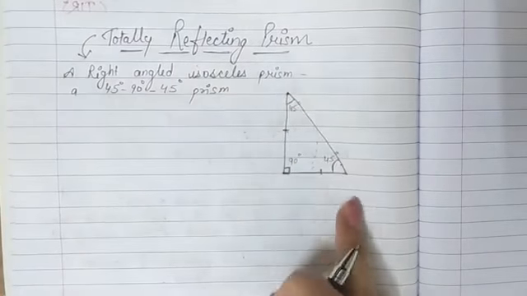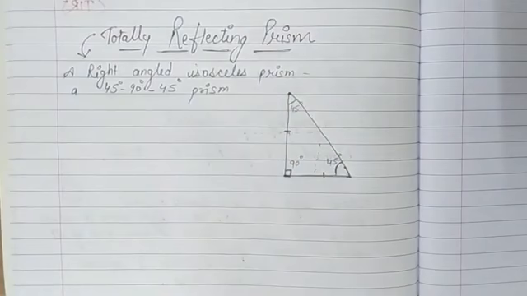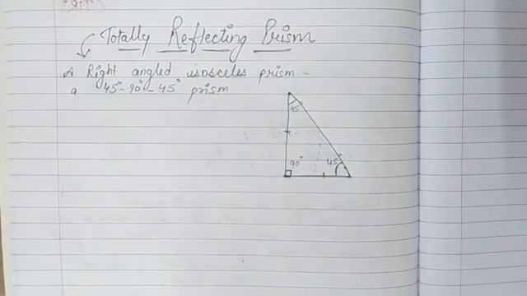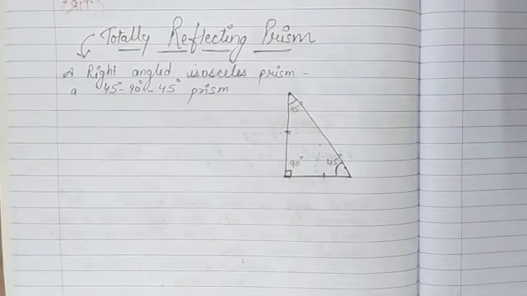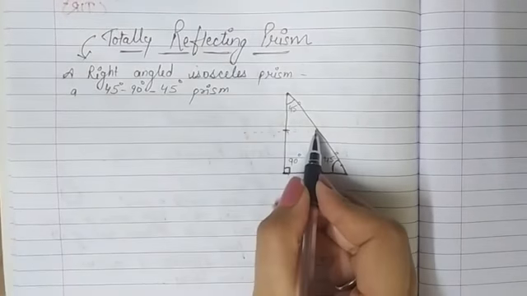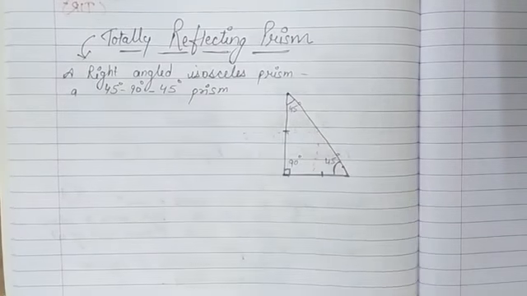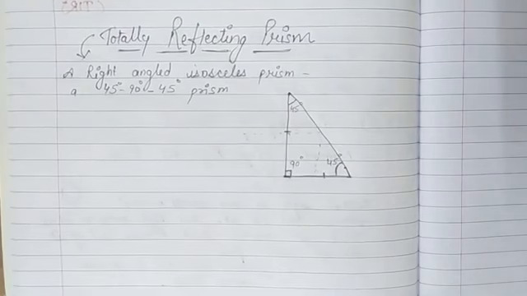On the inside face it will be at 45 degrees, that is at an angle greater than the critical angle for glass, because for glass the critical angle is 42 degrees, and that is the reason the ray incident here at 45 degrees shows total internal reflection, and that's why we call it a totally reflecting prism, because it shows total internal reflection.